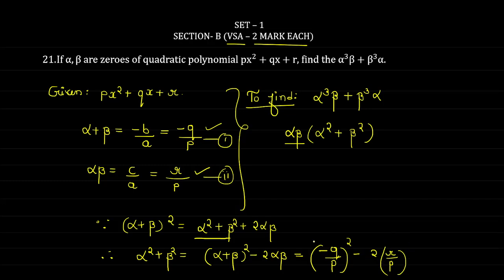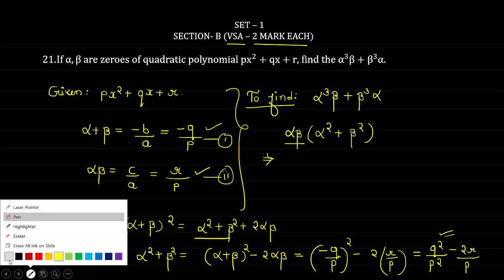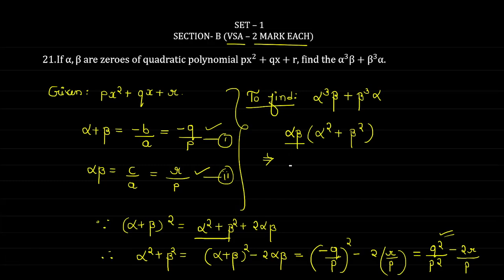Now let's simplify these values. If you simplify, this is q square by p square minus 2r by p. This is the value of alpha square plus beta square. Let's put the value in this given expression. Alpha into beta is r by p, and from this equation, q square by p square minus 2r by p.